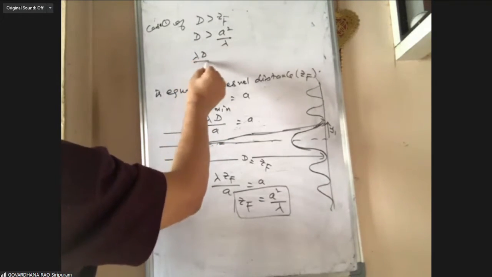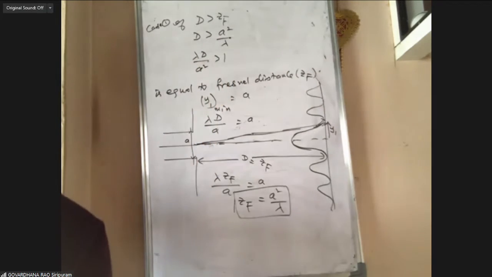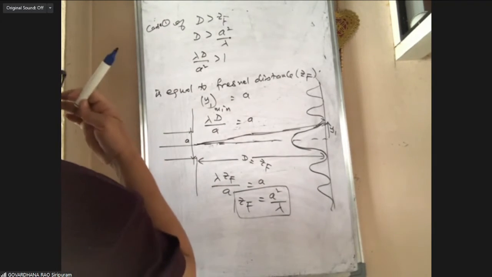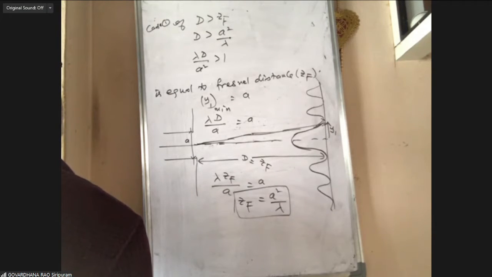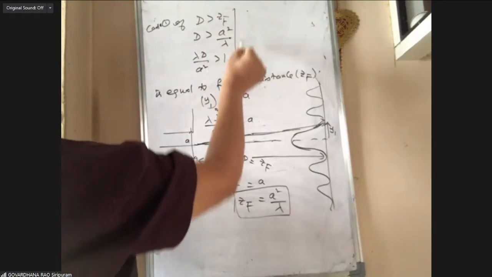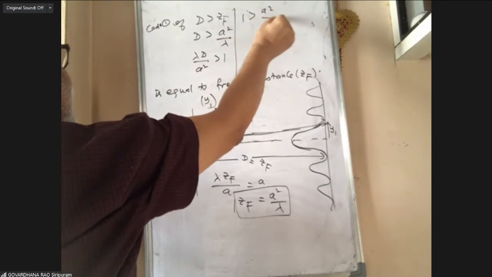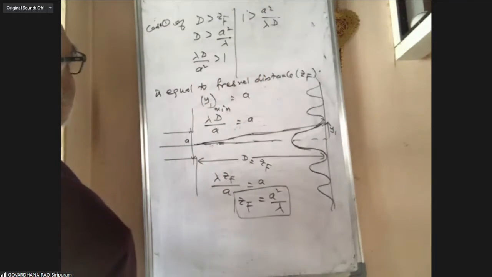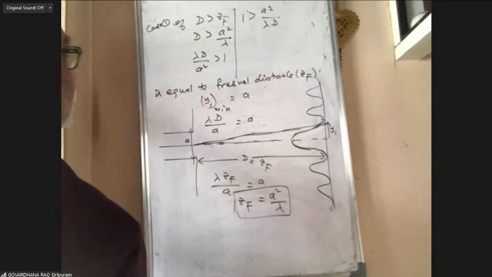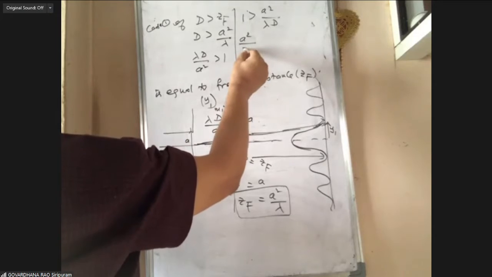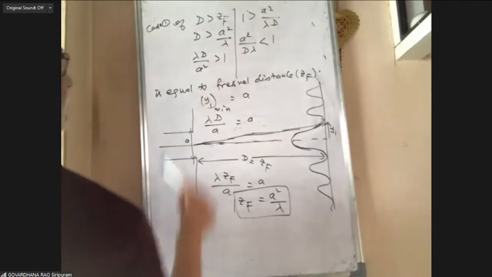So lambda D by a square is greater than 1, correct? So 1 is greater than a square by lambda D. So a square by D lambda is less than 1.